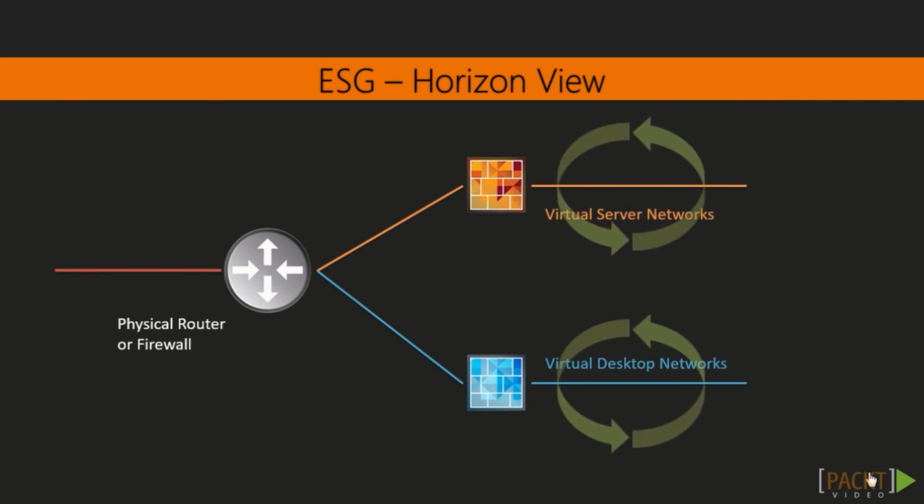First, we keep the server traffic inside the server networks, and we keep the desktop traffic inside the desktop networks. Plus, we use the two edges to control which traffic flows between these two network segments. So we add lots of security without adding bandwidth and CPU load to the physical device.